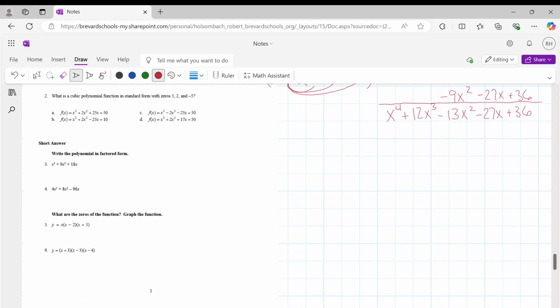In problem number 2, same directions, different zeros. Now watch, just like I said earlier, we've got zeros of 5 and -5. So I'm going to partner those together first. I'm going to take an x plus 5 times an x minus 5, and then we're going to multiply that by x minus 2.